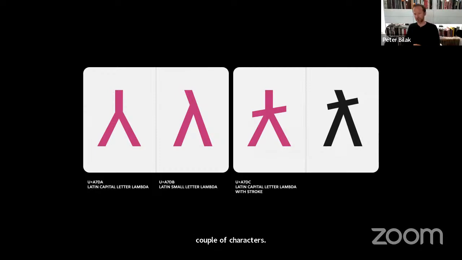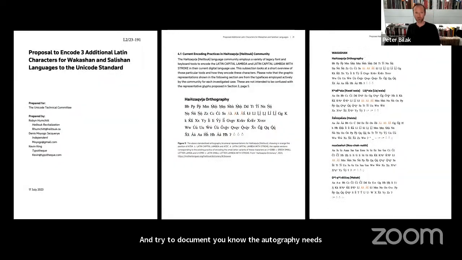In such cases, we work with the community and try to document the orthography needs, the needs of the language and community. And with their support, we're able to draft a proposal that would complete the standardization of the language and submit the proposal to Unicode, the body that maintains stability of written language.